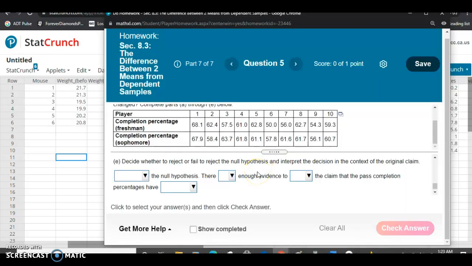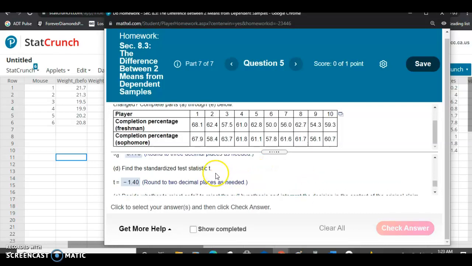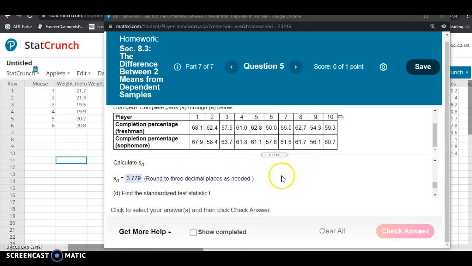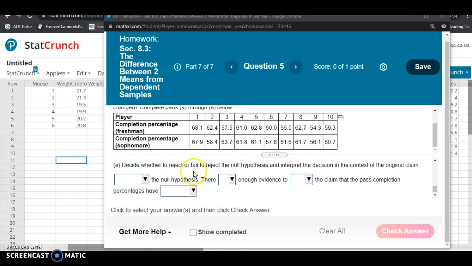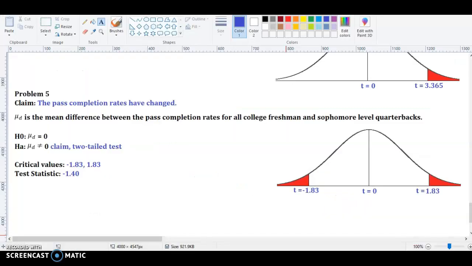Lastly, we're going to decide whether to reject or fail to reject the null hypothesis. If it's difficult to tell by looking at the test statistic and the critical values, I created this diagram. You should be in the habit of creating a diagram like this one, where you show the critical values, which are the cutoffs for the rejection region.